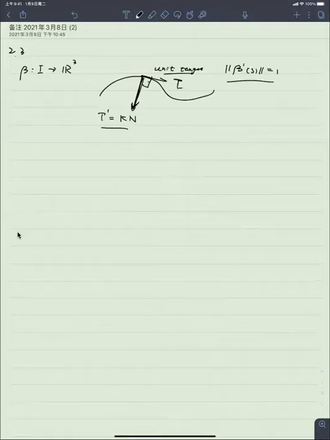The derivative of T doesn't have to be a unit vector, but we take the unit vector, just like we take unit vectors for the natural frame coordinates x, y, and z. So we get T derivative equals kappa N, and kappa is called curvature.